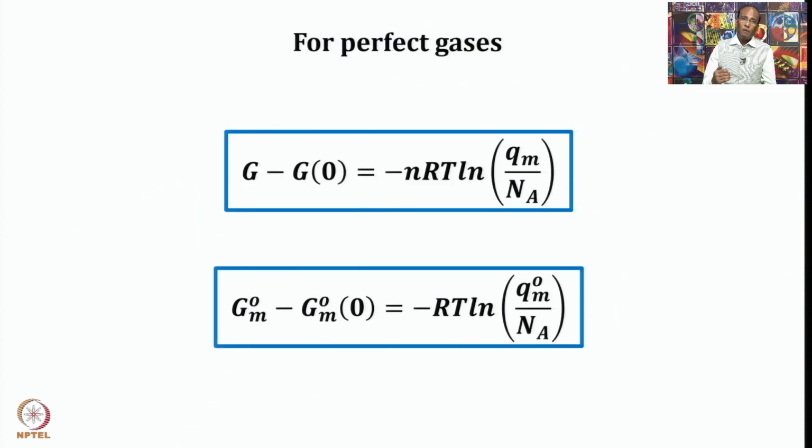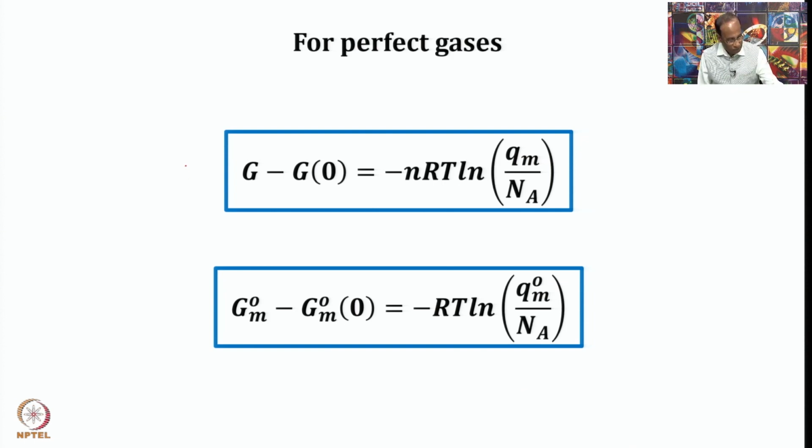Then in order to simplify the equations, we thought that let us first of all consider only perfect gases. We know the differences between perfect gases and real gases. In perfect gases, there is no intermolecular interaction. In real gases, there is deviation from ideality, and that deviation comes due to the onset of intermolecular interaction.